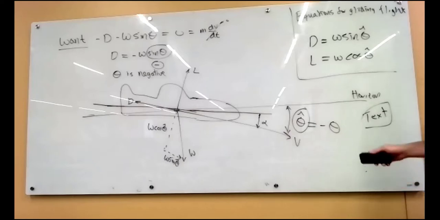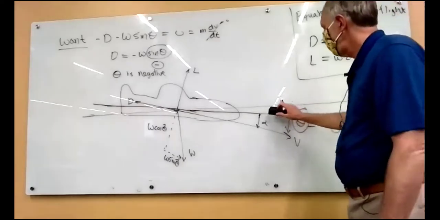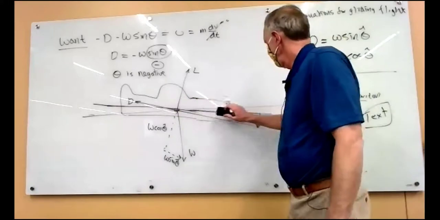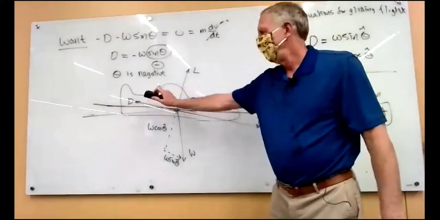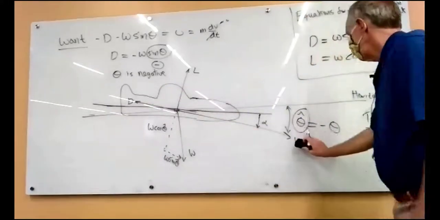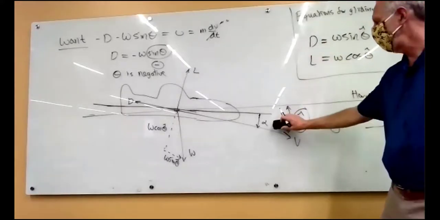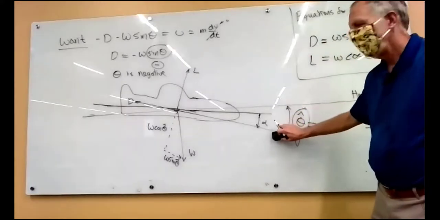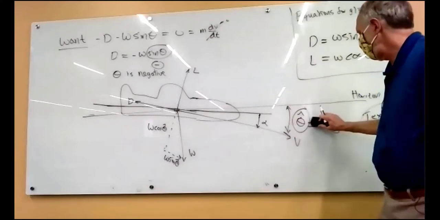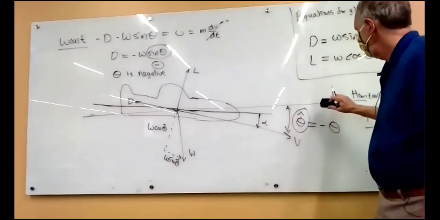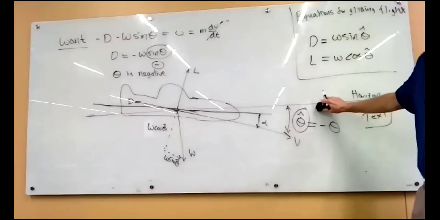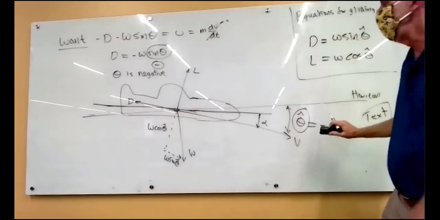So the key features of drawing this picture is you draw the airplane, and you draw the chord line, and you draw the velocity vector in the direction that it's going, and then you write your angles in. The alpha is always the angle between the chord and the velocity, and theta is always the angle between the velocity and the horizon, no matter what you're doing.